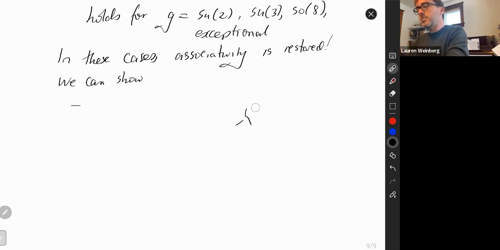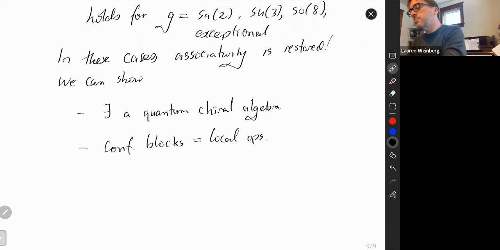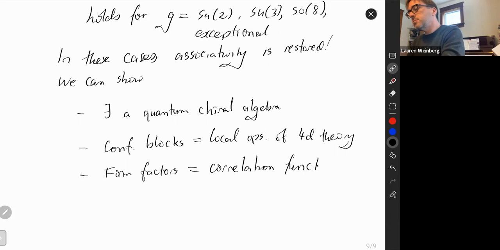In the cases when the anomaly is cancelled, we can show that there exists a quantum Kac-Moody algebra, and again its conformal blocks are local operators of the 4D theory, and form factors are equal to correlation functions in the Kac-Moody algebra.